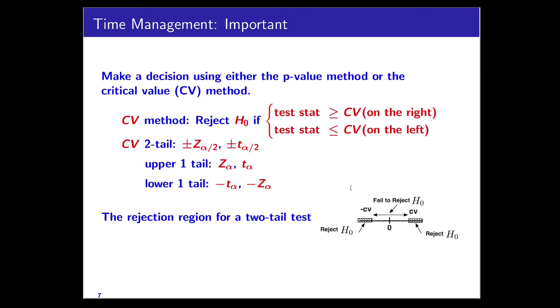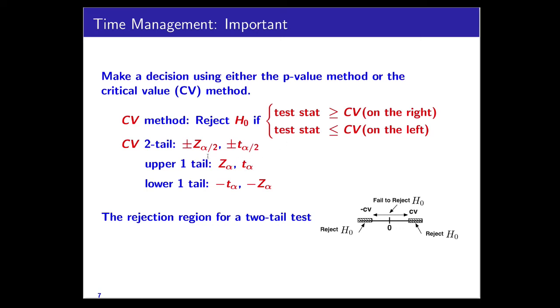The critical value method is a point versus another point on the x-axis, and the rejection region is on the tails. For the critical value method, we reject H0 if the test statistic is greater than or equal to the critical value on the right, or the test statistic is less than or equal to the critical value on the left.